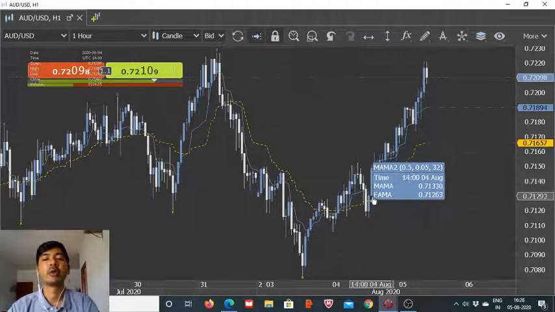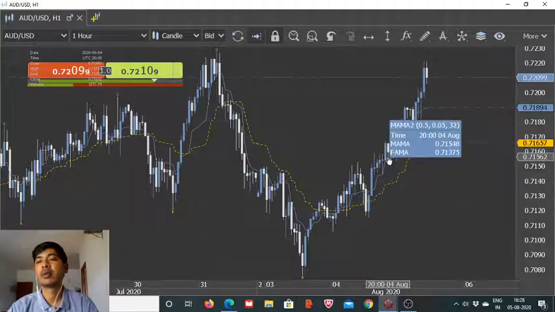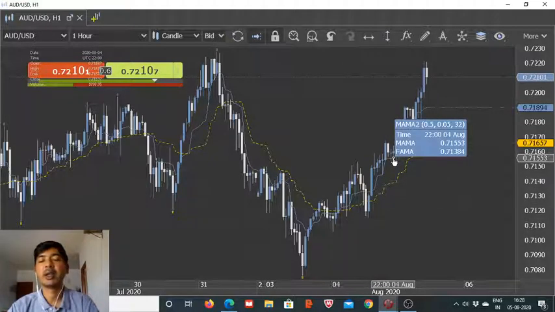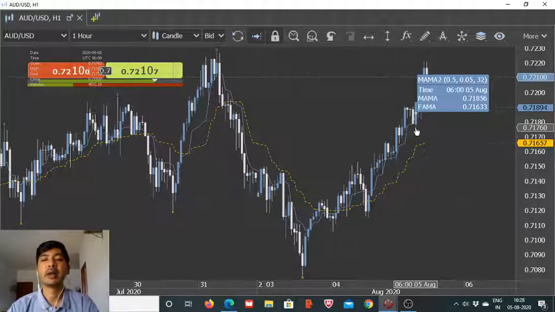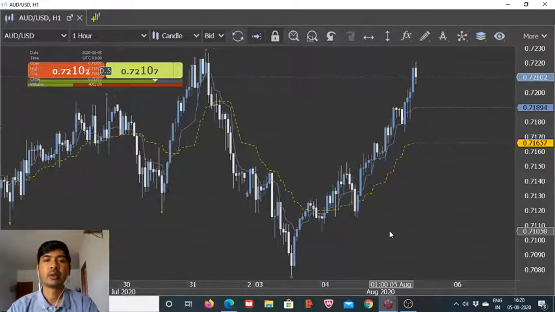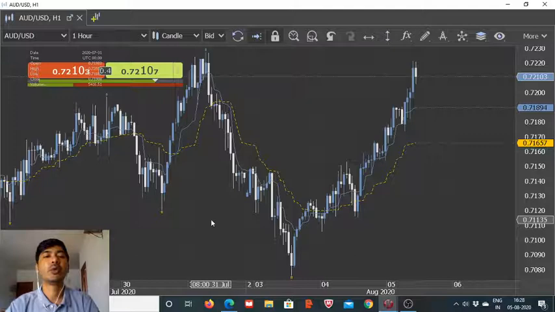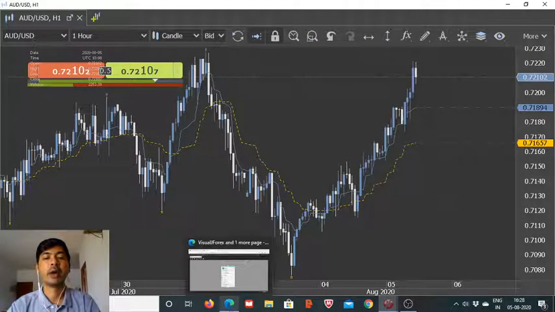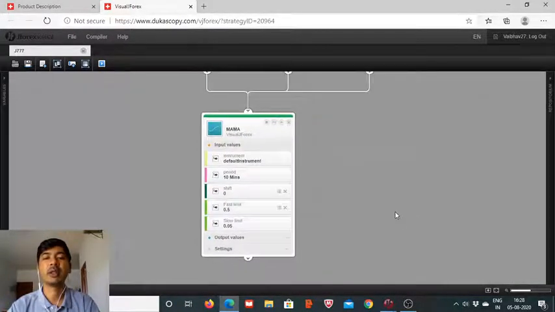We have also seen the lower line acting as a near-term support here, and then the upper line has been acting as a near-term support during this consolidation phase, and then again the move on the higher side. So this is the indicator, and you can use this in multiple ways. You have to figure out the combination which is likely to prove profitable for yourself.